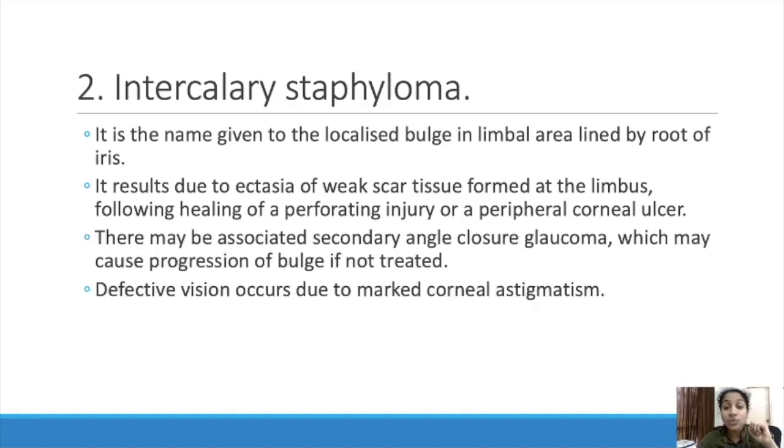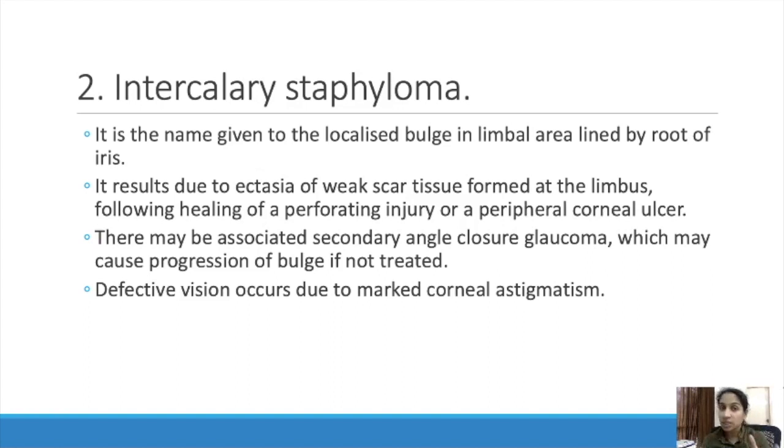There may be associated angle closure glaucoma, which may cause progression of the bulge if not treated. If not treated, it will cause secondary angle closure glaucoma, and that will again increase the bulge and help the progression of staphyloma.